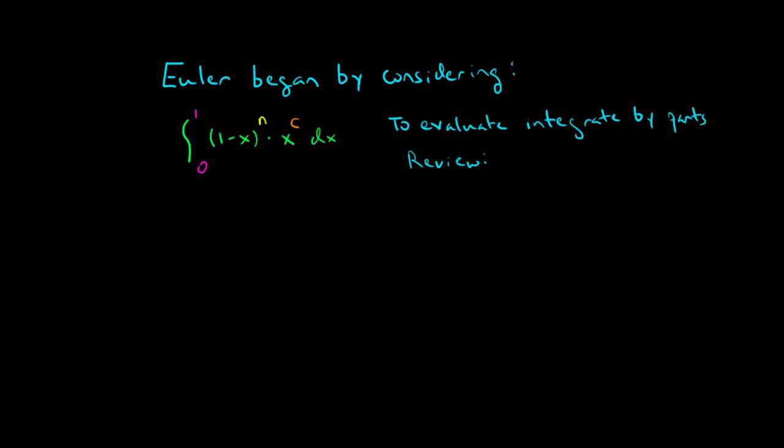Right? We have one function in x and another function in x that are being multiplied together in this integral. So I'm just going to review what this is. If you're given one function of x, let's call it u of x, and some other function of x, which we'll call v of x, and we have an integral of the form, the integral from, let's say, b to a of u dv, then that integral is always going to be equal to u times v, evaluated at those boundaries, so evaluated from b to a, minus the integral from b to a of v du.